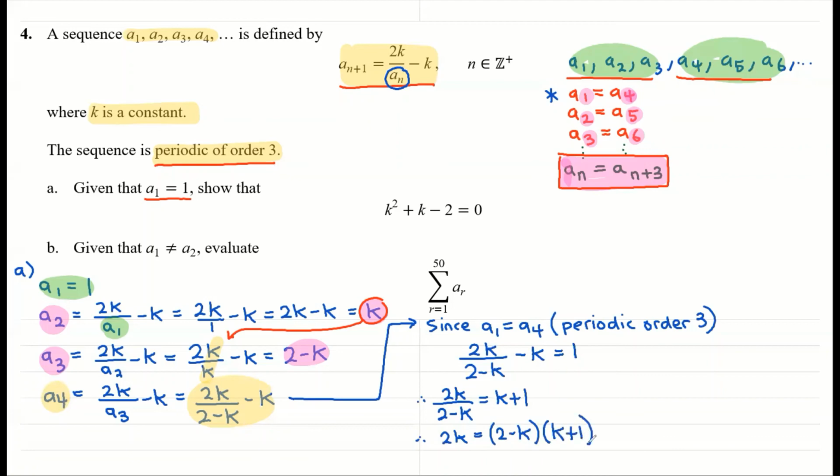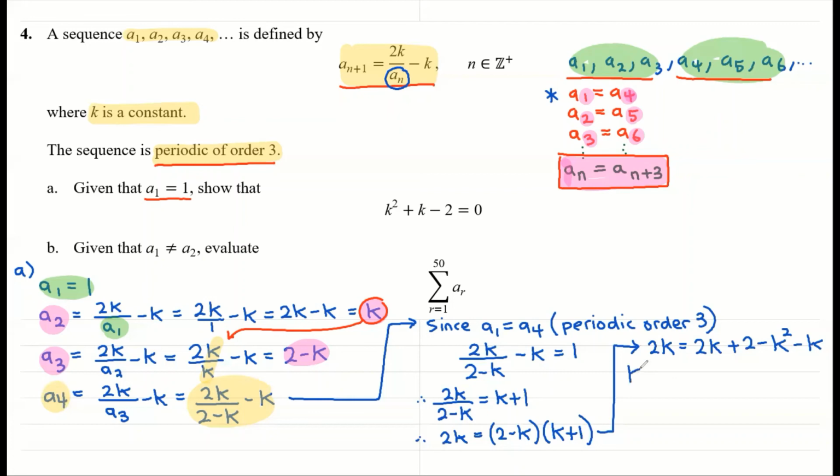I'm just running a little bit out of room here, so I'm going to move across. You've got a bit more room than me, so feel free to carry on down the page. Let's expand the brackets on the right-hand side. So we have 2k is equal to 2k plus 2 subtract k squared subtract k. Let's collect like terms. I'm going to add everything to the left-hand side now.